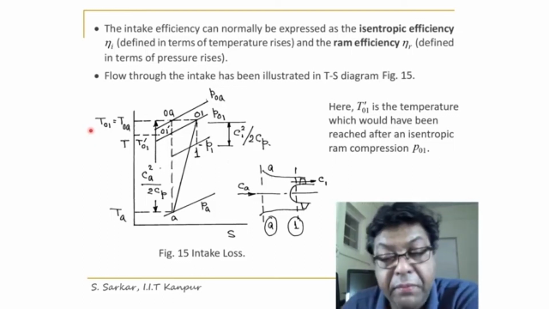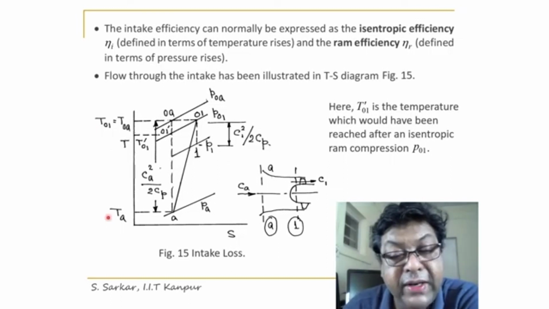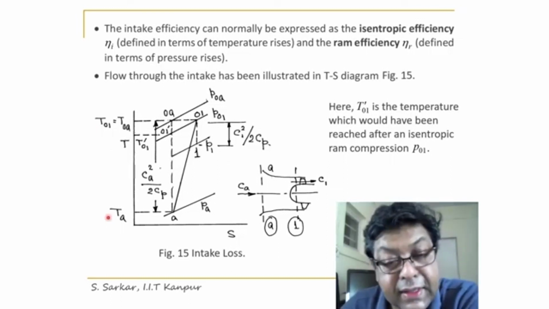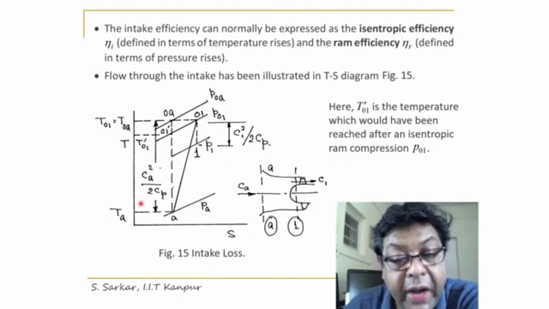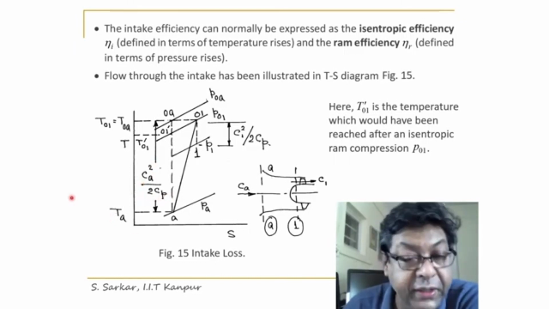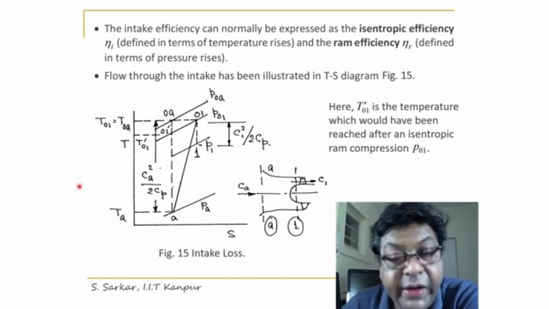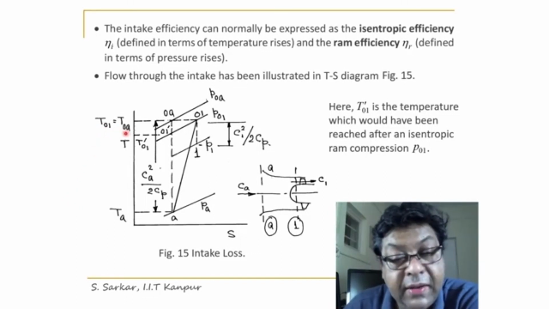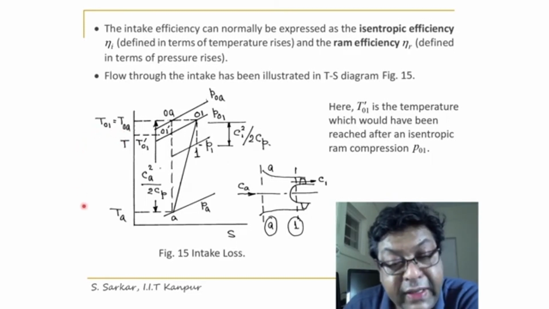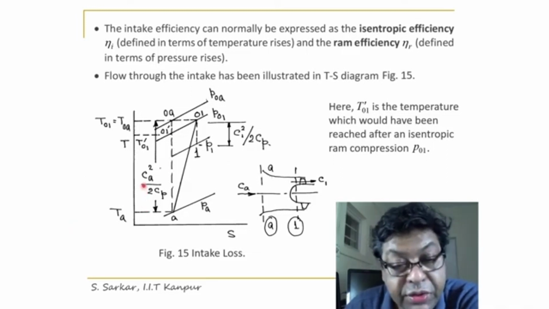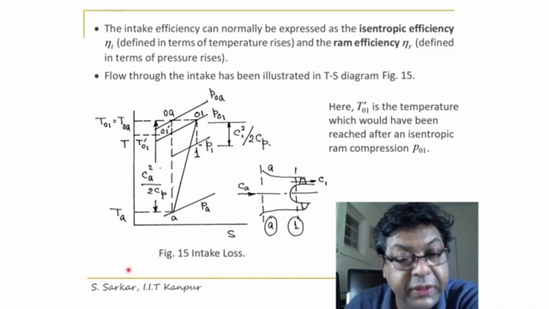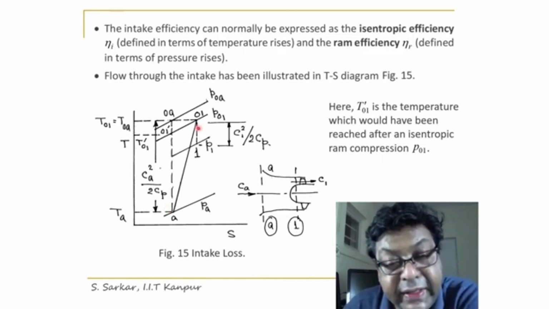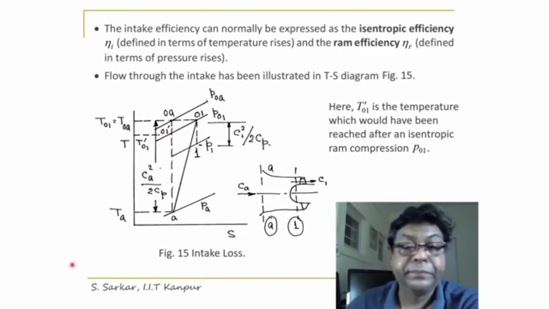Now difference of temperature between T01 and TA is nothing but Ca squared by twice Cp. Thus, I like to say here that T01 is equal to T0A, and difference between T01 and TA is equal to Ca squared by twice Cp. Thus, I have indicated the state point 01 along with the pressure and temperature.